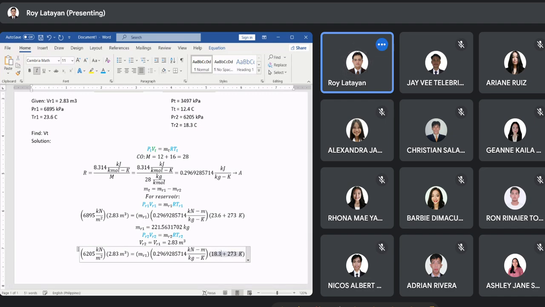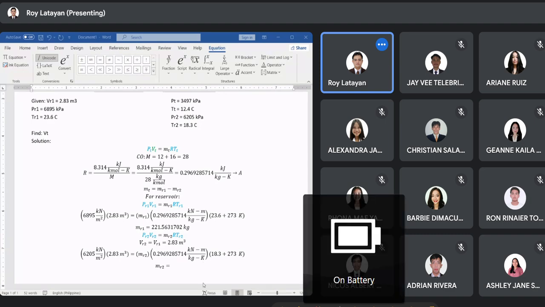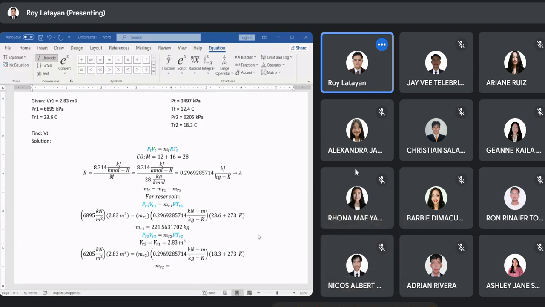Tapos dito ay 18.3. So what is the value of MR2?